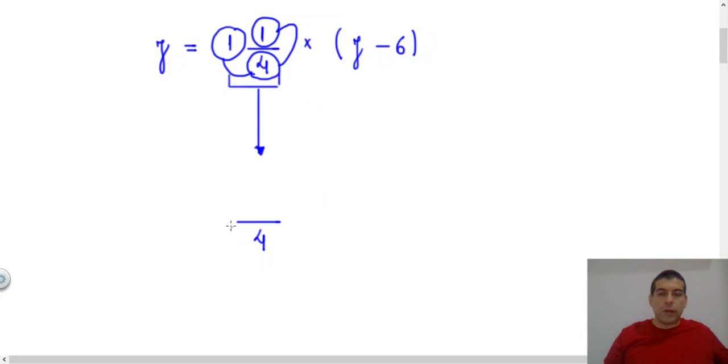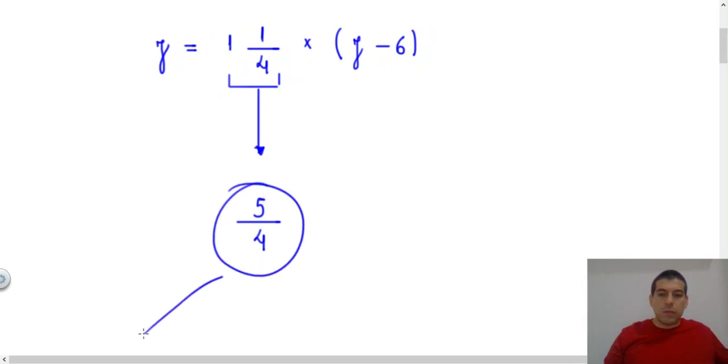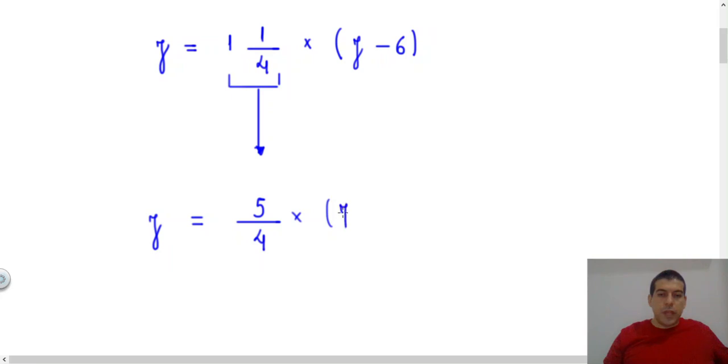So it will be 1 times 4, that will be 4, plus 1 will be 5, okay? So this mixed number 1 1/4 is the same as this improper fraction 5/4. So we know that J is equal to 5/4 times (J minus 6).